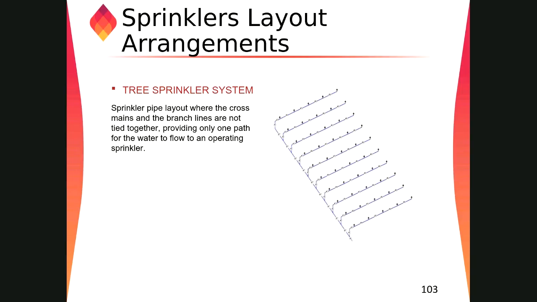How are you going to plan your layout? This one is a tree system. They have considered from this point, node 1, 2, 3, 4, and so on, and this is our underground fire water network. So in this method, we have only one path for water to flow into the system.